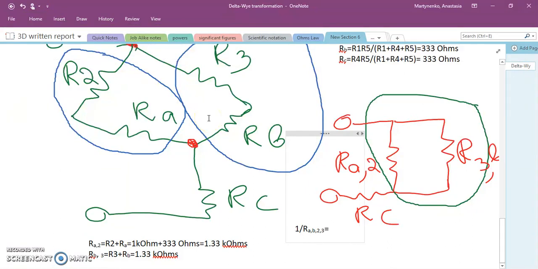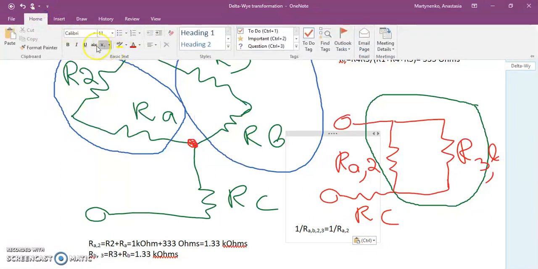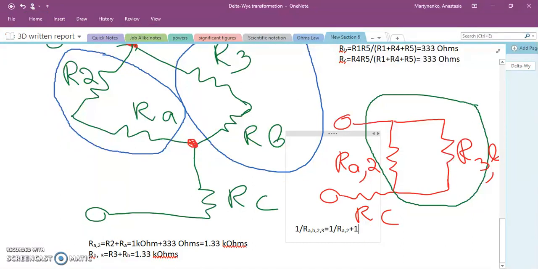And that's just going to be 1 over RA2 plus 1 over RB3.